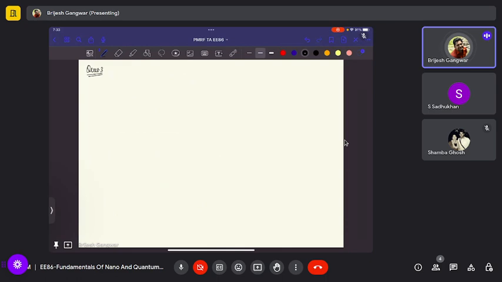So this question 3 is: consider a beam of light with photon energy 2.0 electron volt, with an average power of 1 nanowatt. This is the common data for the next 2-3 questions. First you have to calculate the photon flux.